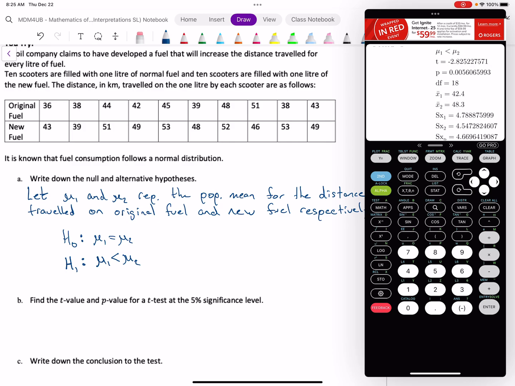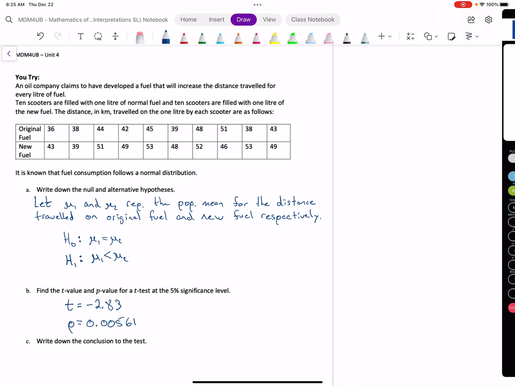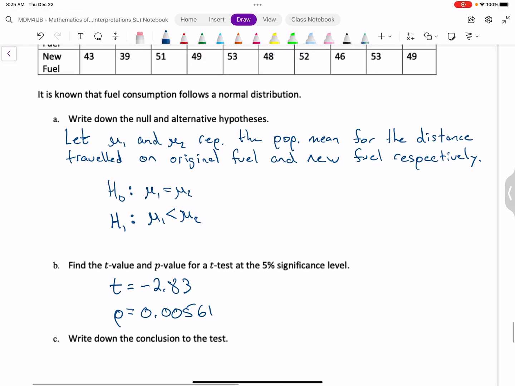So if we write this down, we've got the t-value. So t equals -2.83 if we round to 3 sig figs. And then P is going to be equal to 0.00561. And, oh, it does say at a significance level of 5%, so that's good.